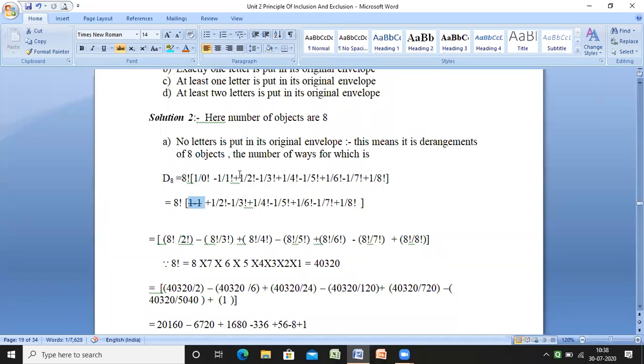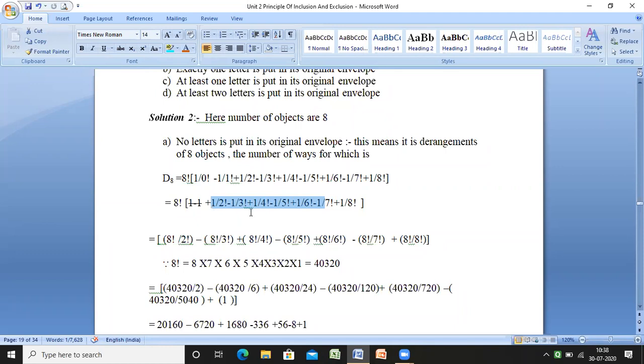We put down the remaining portion from the second part, that means 1 by 2 factorial, 1 by 3 factorial, and so on. Remember, we write the equation by putting the first value as positive and the next value as negative, then positive, negative, till 8 factorial.